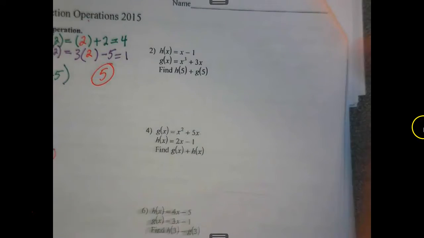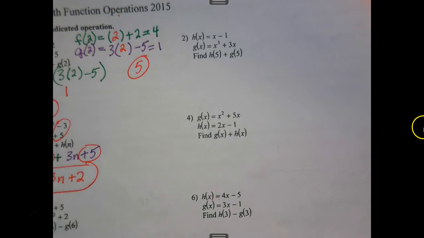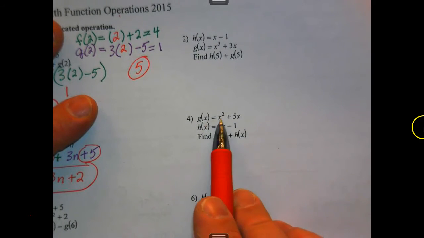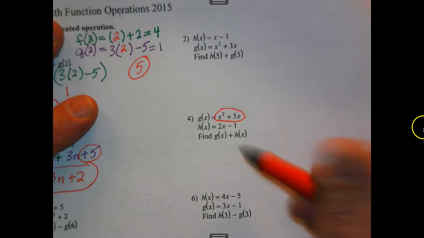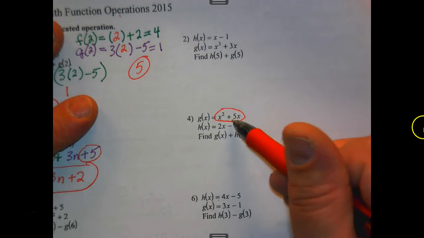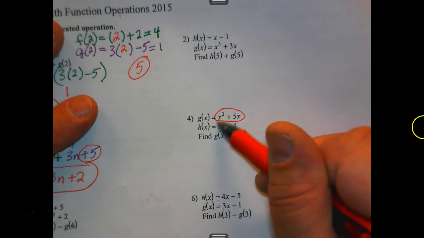You don't have anything to substitute in for it, so you just got to leave it. Okay? Like the g of x is nothing more than this, and since you don't have a number for it, you just leave it.